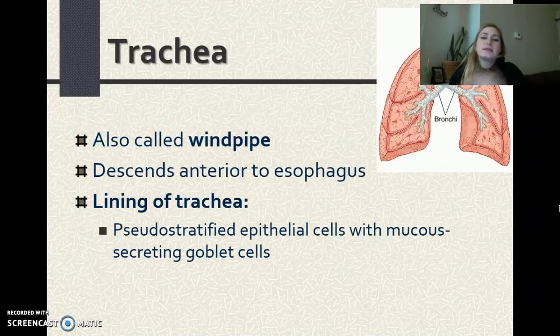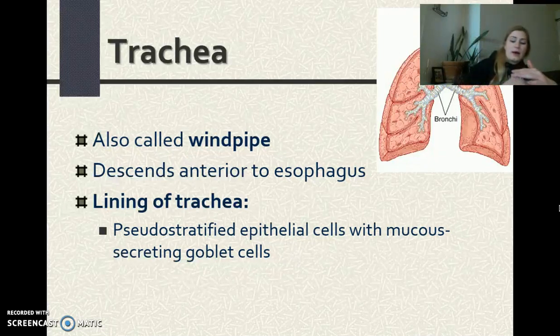We see that this descends just anterior to the esophagus, which is going to be behind. And the lining of the trachea, just like the lining of the nasal cavity, has that pseudostratified columnar epithelial tissue. So pseudo, once again, being fake, so it looks like the epithelial tissue there is layered, but it's not.